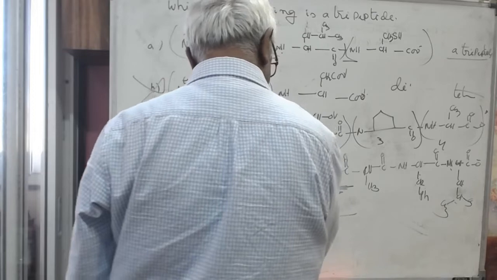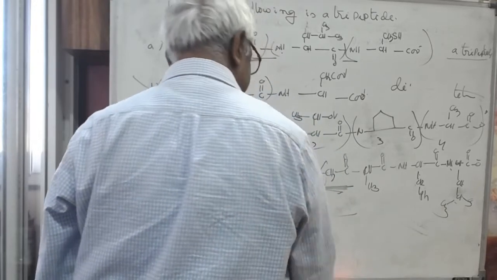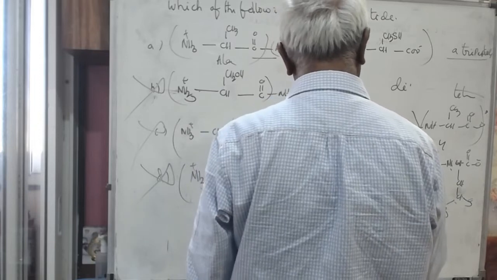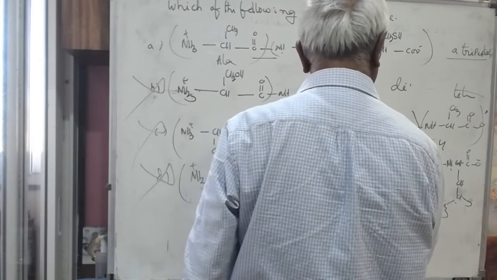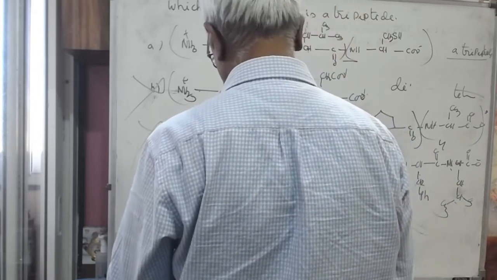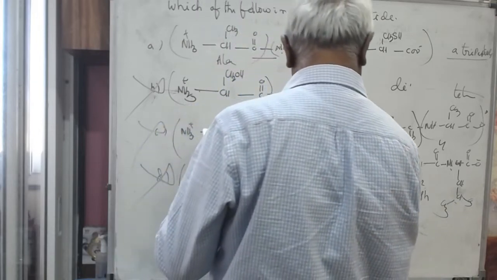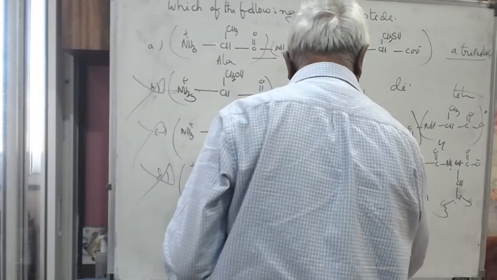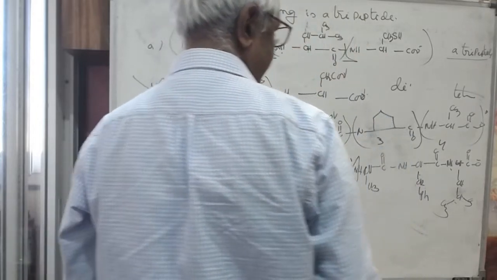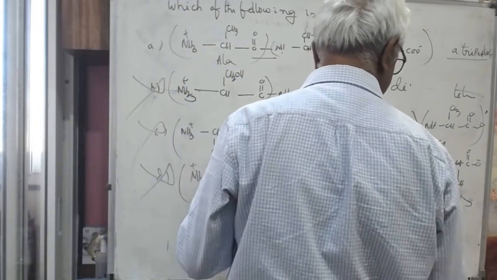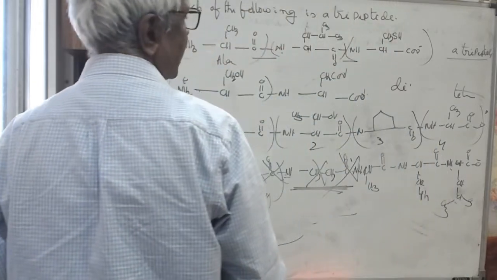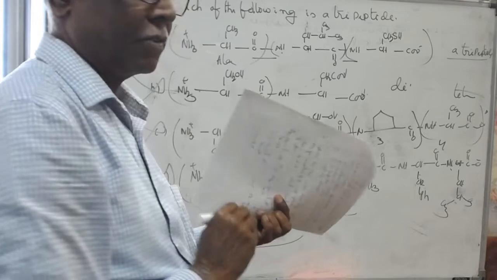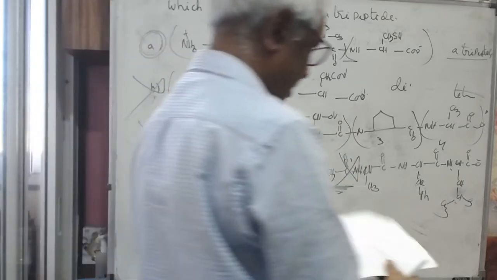So this bond is not a peptide group, this bond CO, NH, and this is not a peptide. So it is not a tripeptide. So who is the tripeptide? A is the tripeptide. That is how you can decide the tripeptide.